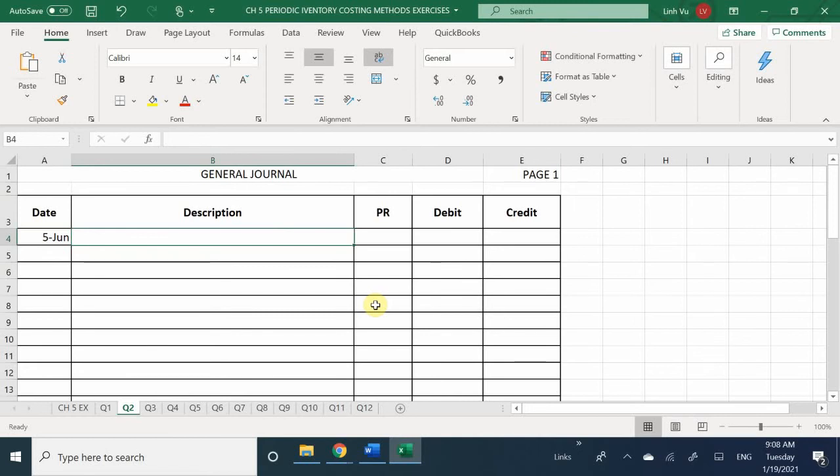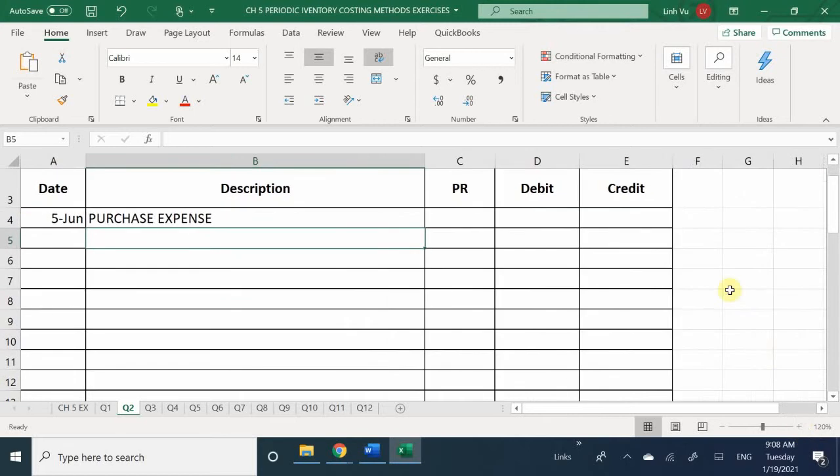Purchase expense. Yes, because we know that we have periodic inventory. So I'm going to put it in capitals so you guys can see. Purchase expense. What else comes with the purchase expense? Freight expense.